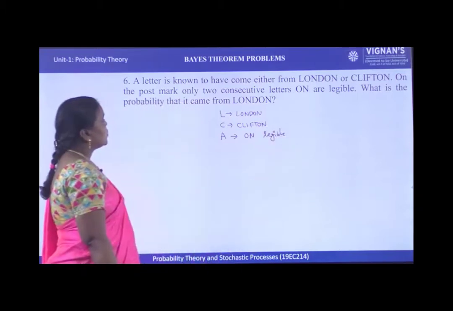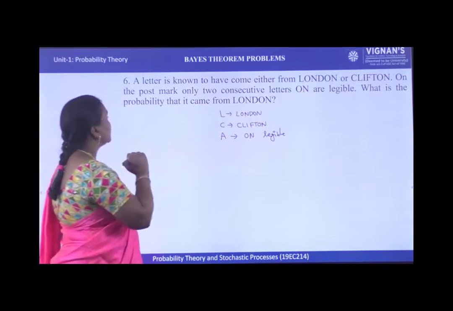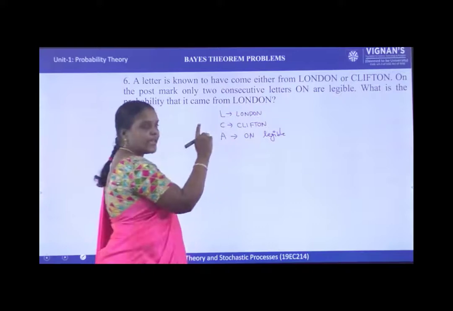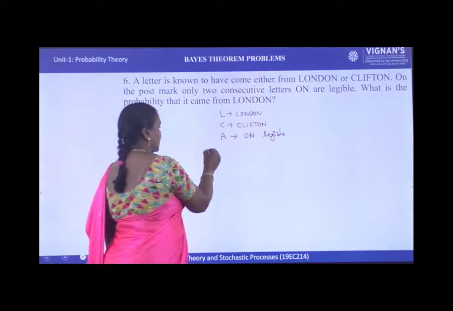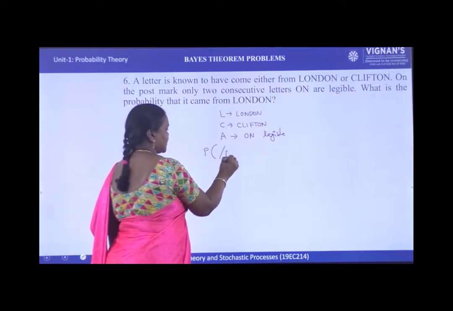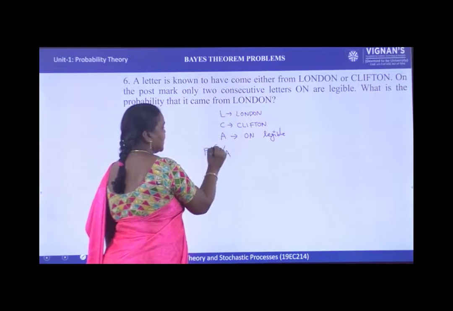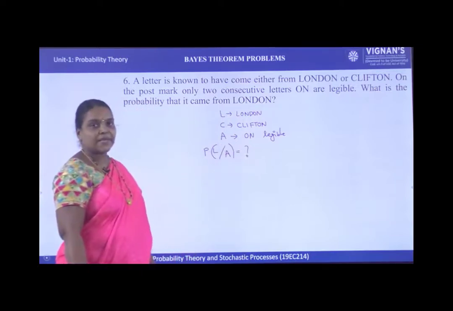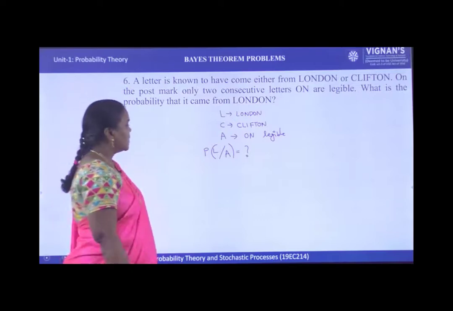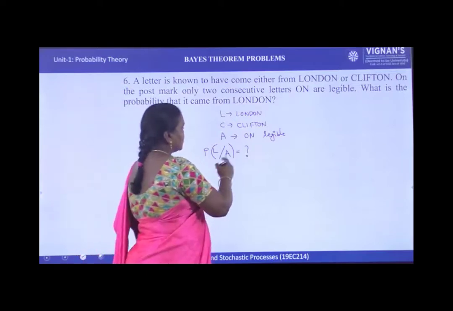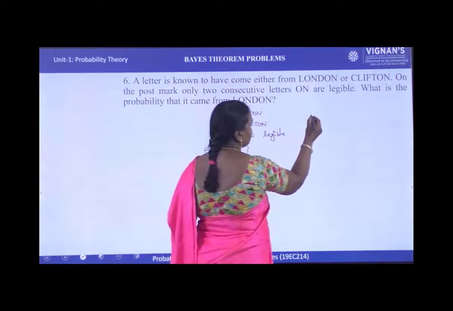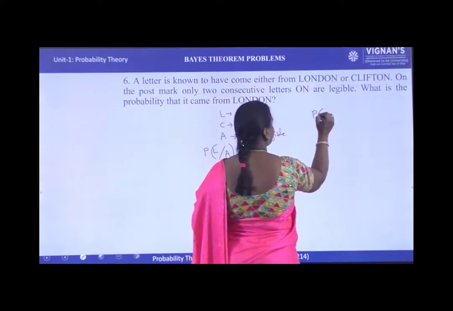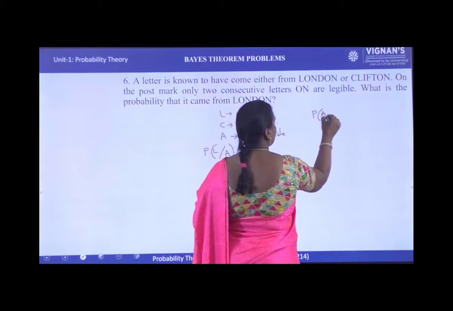Now what is the probability that it came from London, if ON are legible? You have to apply Bayes theorem, and before applying that, first of all, what is P of A by L?